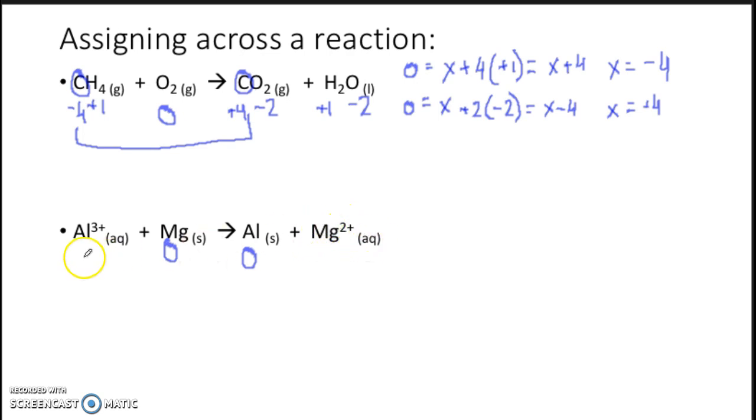I see the aq symbol. I see the charge there. They're not in compounds. They're appearing this way. So their oxidation number is that charge. So magnesium is +2 and aluminum is +3. I didn't have to use that X trick. Everything is very obvious here, and you can see that aluminum had a change in oxidation state that way, and magnesium had a change in state that way.